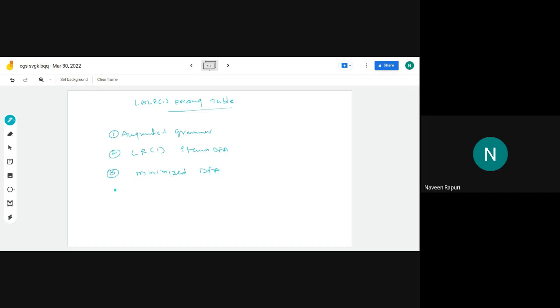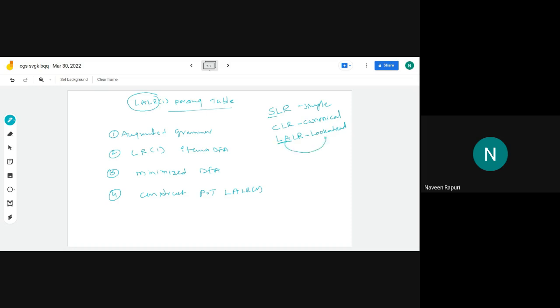We need to construct the minimized DFA, and after that we need to construct the parse table for LALR1. So, sir, expansions: SLR means simple LR, CLR means canonical LR, and LALR means look ahead LR.